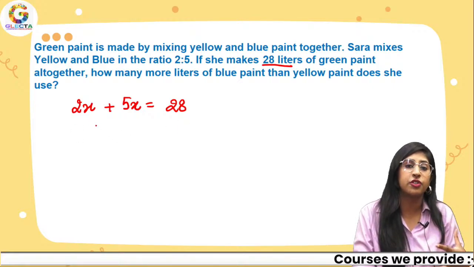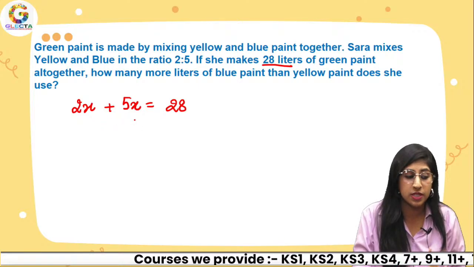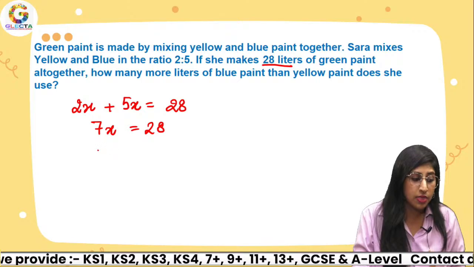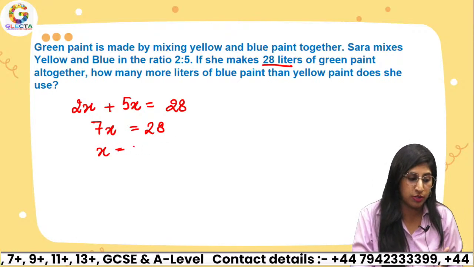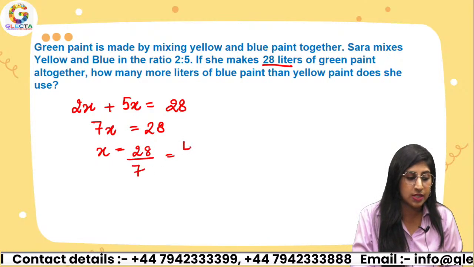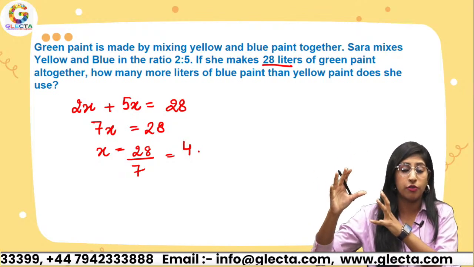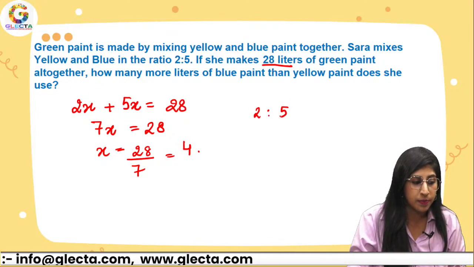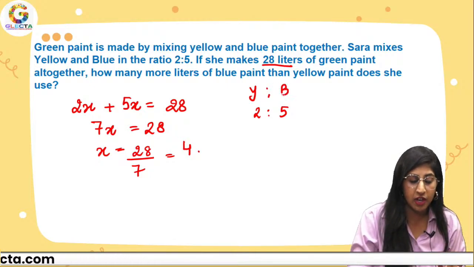So let's try to figure out how much blue paint she would be needing. If we are doing 2x plus 5x, we would be doing 7x, which is 28. That means x equals, just divide by 7 on both the sides. So 28 divided by 7, which is 4. That means one part constitutes 4, right? So over here this 2:5 when I had written, this was 2 for yellow and blue was 5, right?